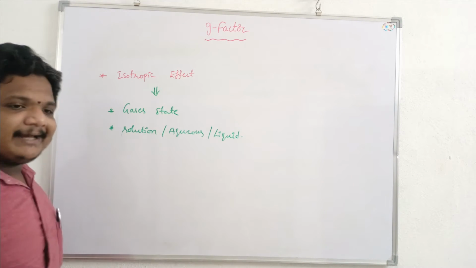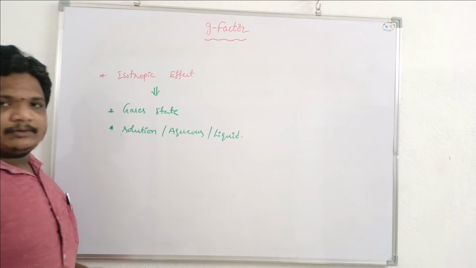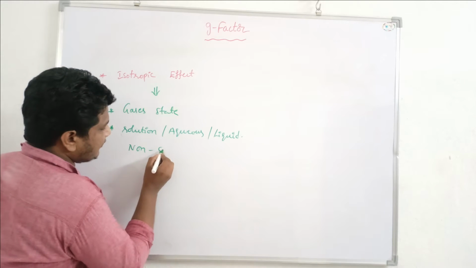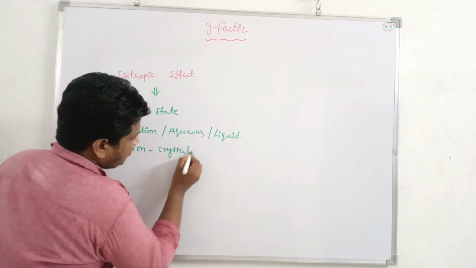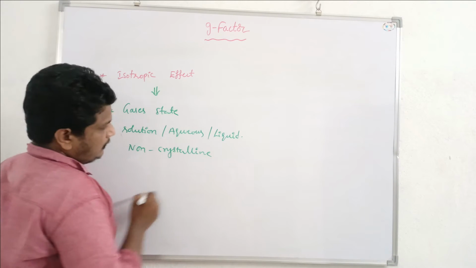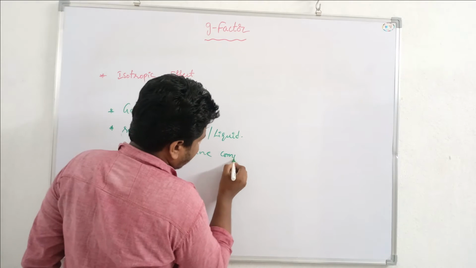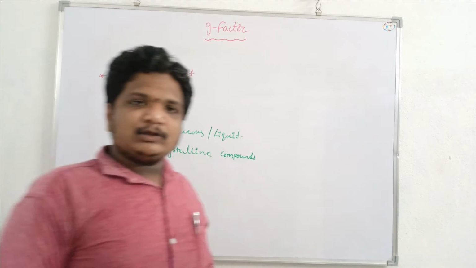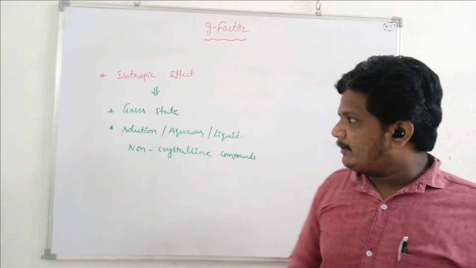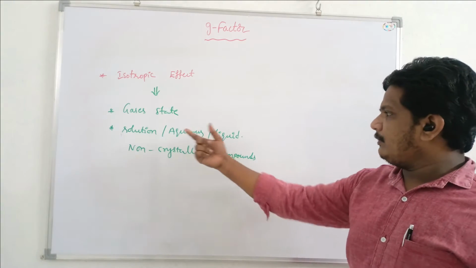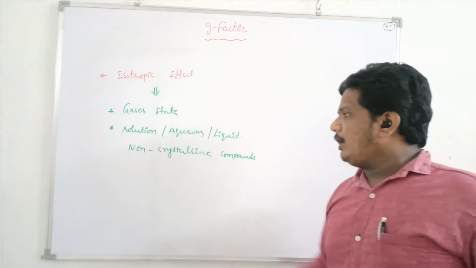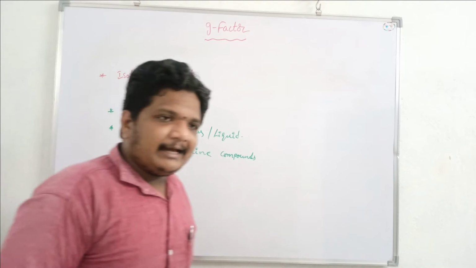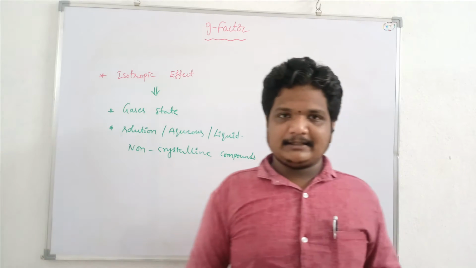Whatever may be the gaseous phase or solution phase, those are non-crystalline compounds. So this isotropic effect can be observed in the case of gaseous state, solution or liquid state, and non-crystalline compounds.